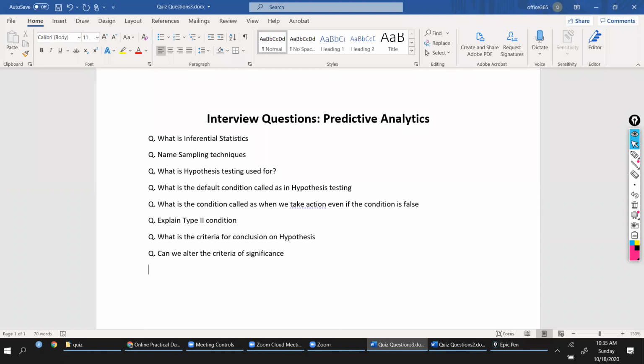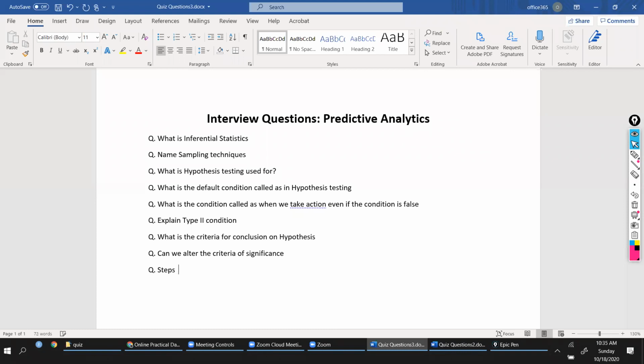Rule of thumb says 5%, but we can also have 10%, we can also have 1%, we can also have 8%, any random number based on the business requirements. Right?